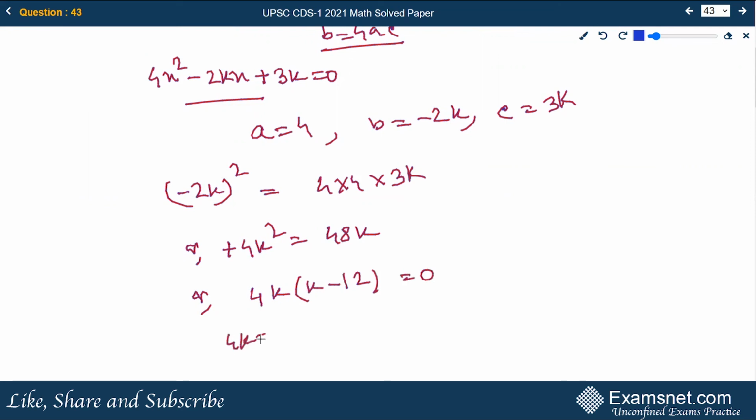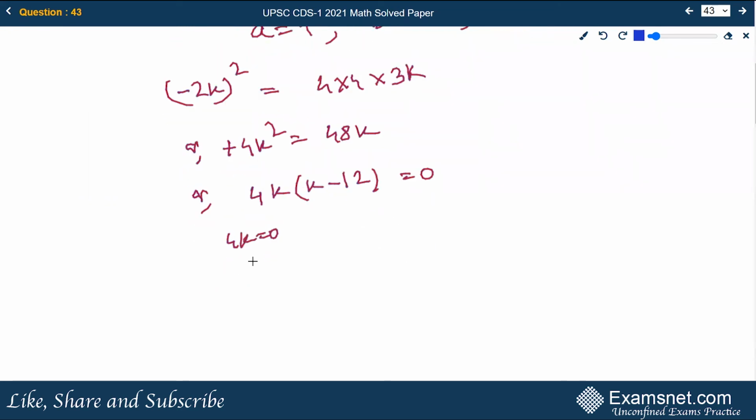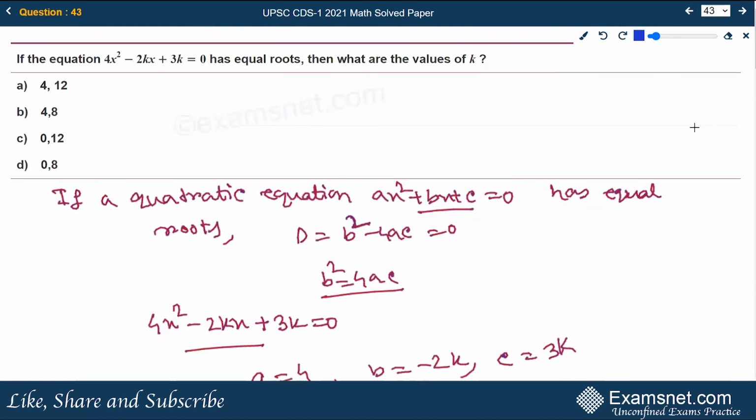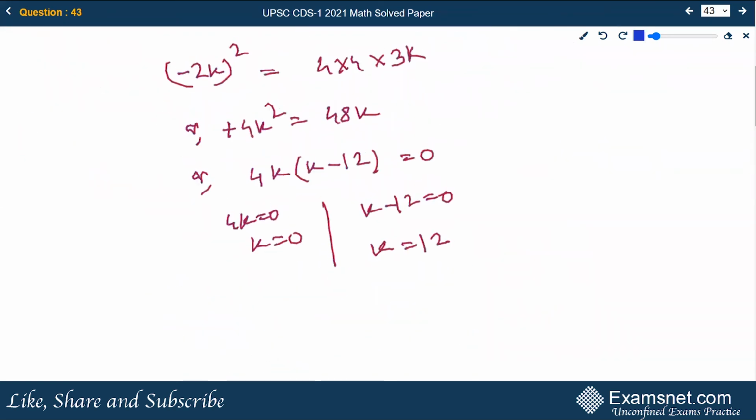That means either 4k equals 0, which will give us k equals 0, or k minus 12 equals 0, that would result in k equals 12. We can see two different values for k, that is 0 and 12. Option C is the correct answer, 0 and 12.